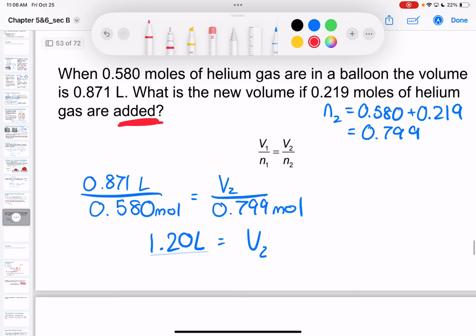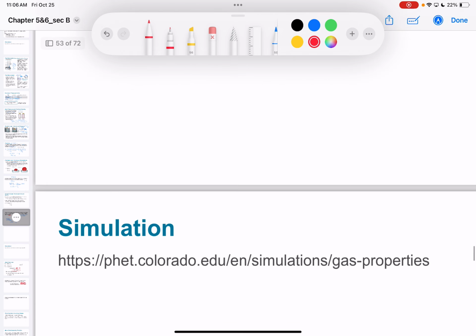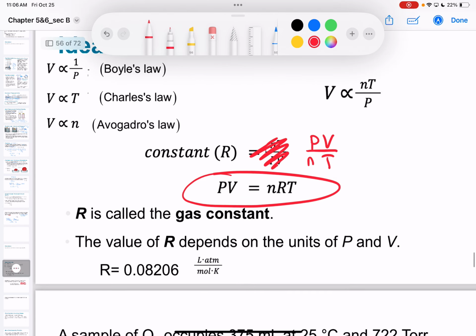That would be where there's a change occurring. Where you just have an individual state, now we can use PV equals nRT, where R is this constant. And we can have a pressure, volume, and moles and calculate a temperature. Or we can have temperature and moles and volume and calculate a pressure.